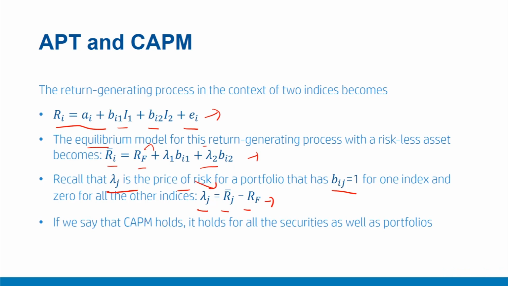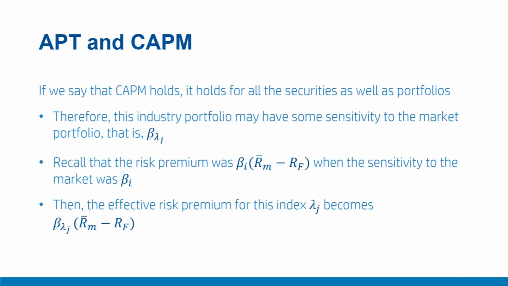If you assume that CAPM holds, then it also holds for all the securities as well as portfolios like I1, I2, that is, broad market-wide portfolios such as I1, I2, which are the risk factors in the model as well. Since we assume that CAPM holds for portfolios I1, I2 as well, industry portfolios like I1, I2 may have some sensitivity to the market portfolio.